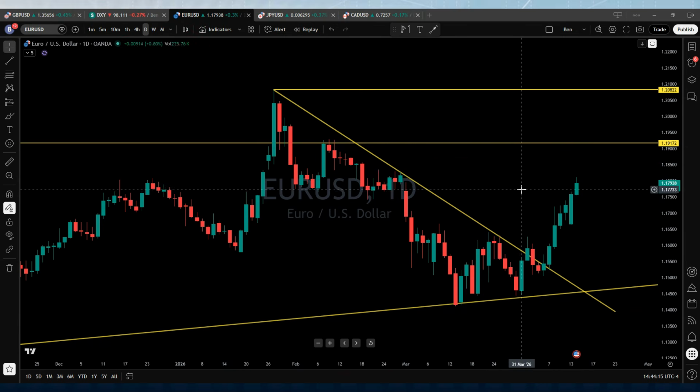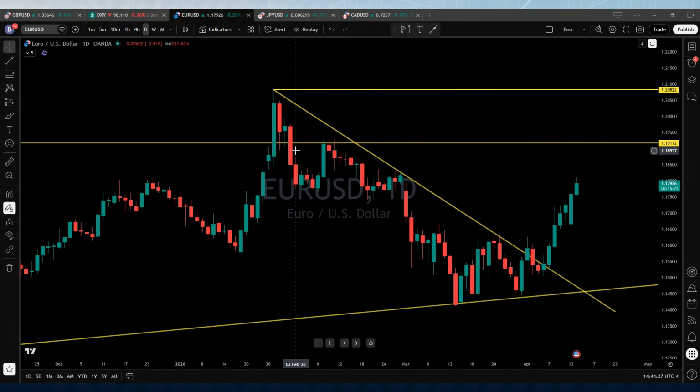So what we're looking for is price to consolidate right underneath this resistance, and then we can make a push up to $1.19. We would like to see the same thing happen, consolidation right underneath $1.19, and then we can make a push to $1.20, $1.2822. That's this pivot top.